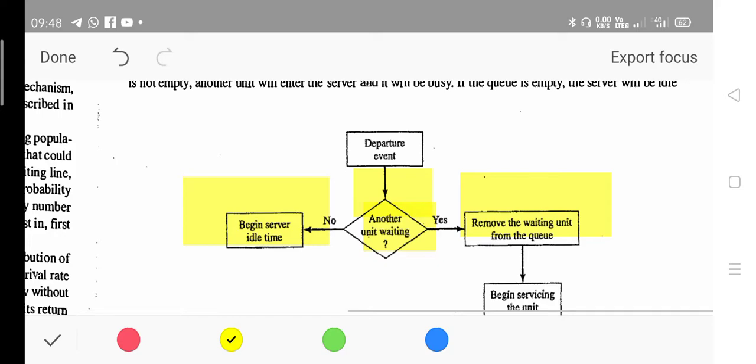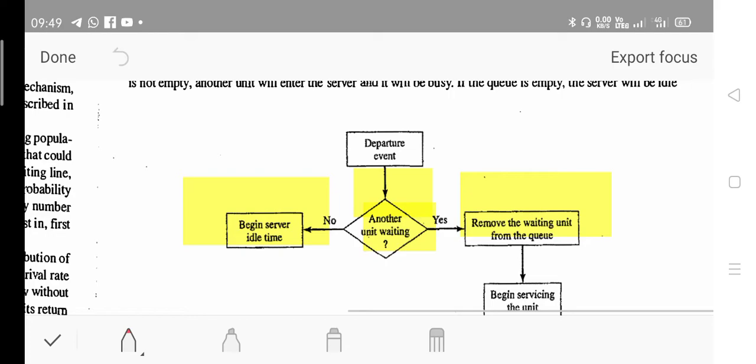Suppose in a bank counter there are many customers waiting for cash withdrawal or cash deposit, and there is a single teller, in the sense a cashier. Once a particular customer, say customer A, has completed his task, say depositing money of 10,000 or 20,000 in his account, he will depart. If person B is waiting behind customer A, then it will be B's turn.